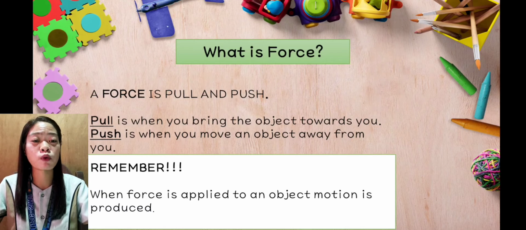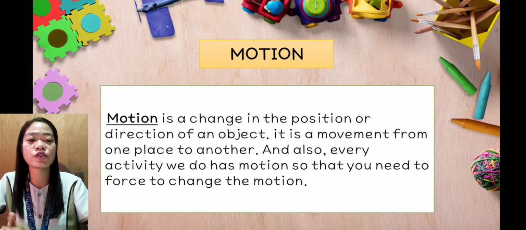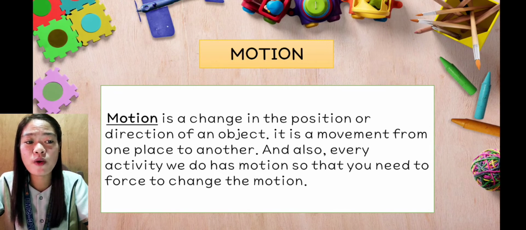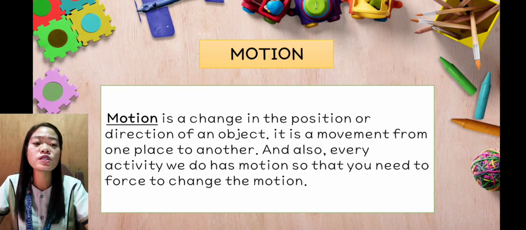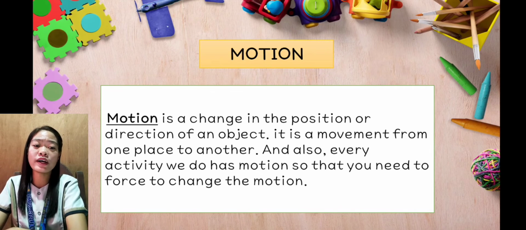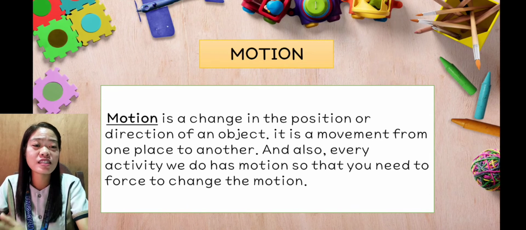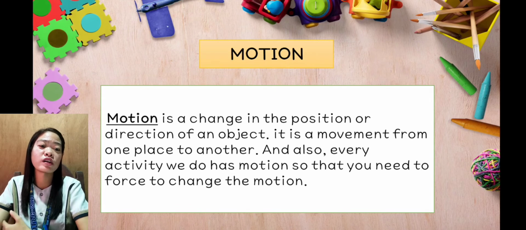Now, what is motion? A motion is a change in the position or direction of an object. It is a movement from one place to another. And also, every activity we do has motion. So if you notice, force and motion are very important in our daily lives.